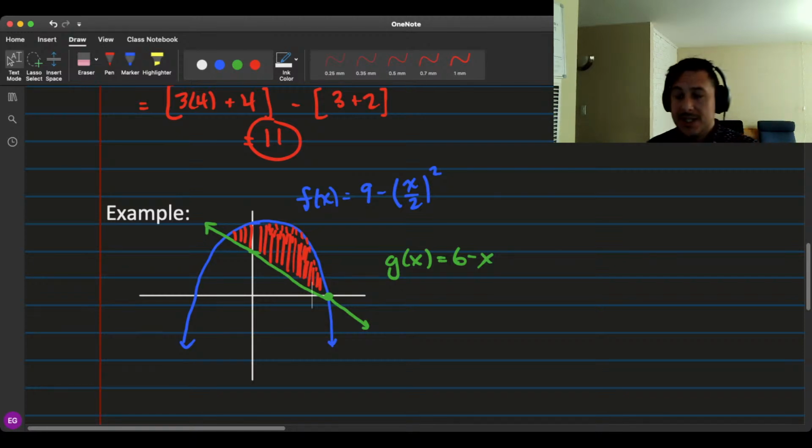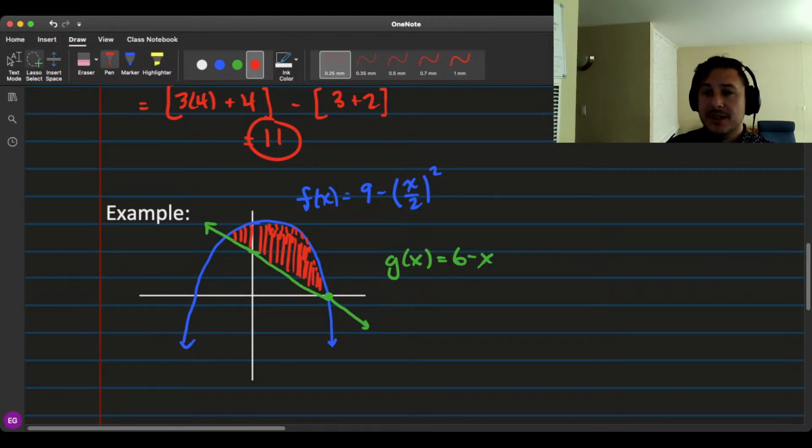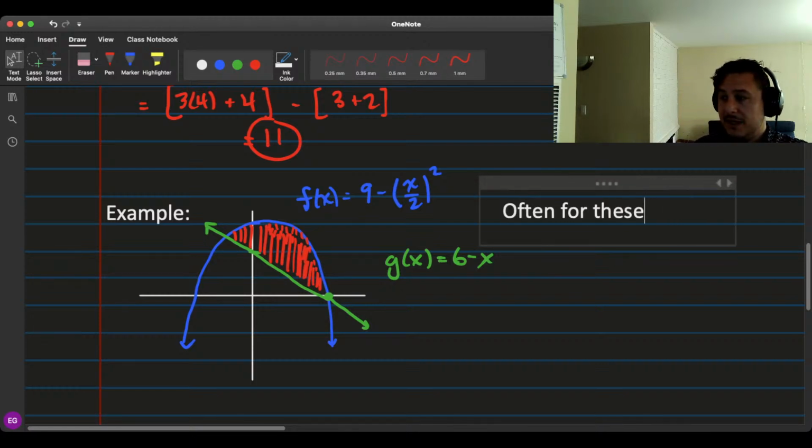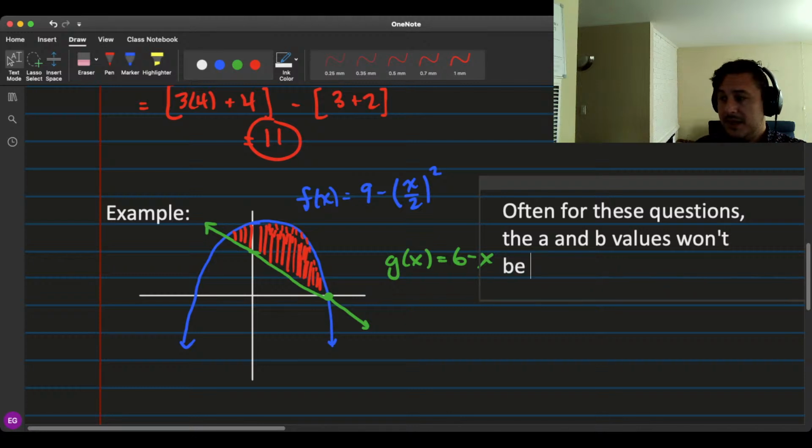Okay. So, very often for these questions, they won't specifically tell you the a and the b value. Often the a and b values won't be given, and you will have to solve for them.